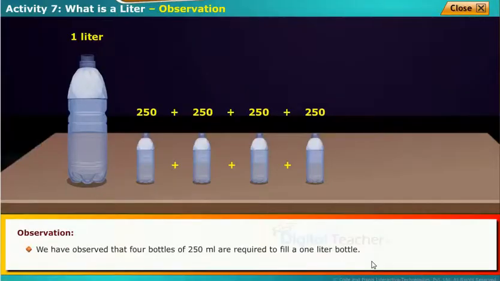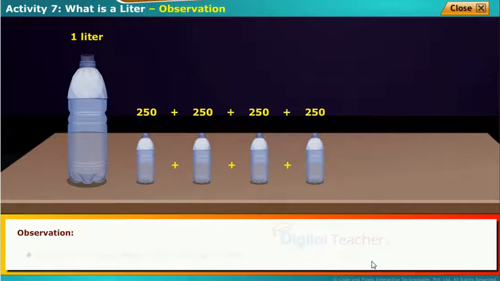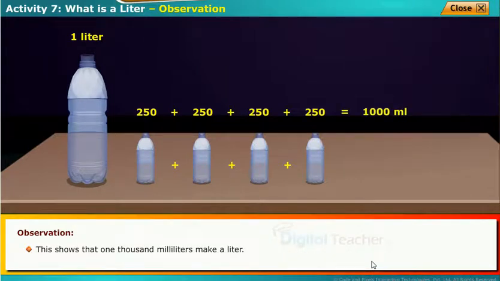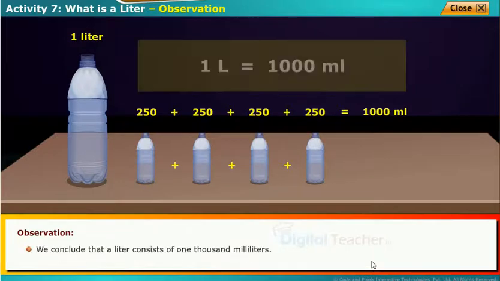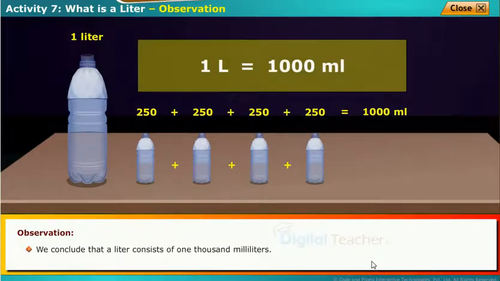We have observed that 4 bottles of 250 milliliter are required to fill a 1 liter bottle. This shows that 1000 milliliters make a liter. We conclude that a liter consists of 1000 milliliters.